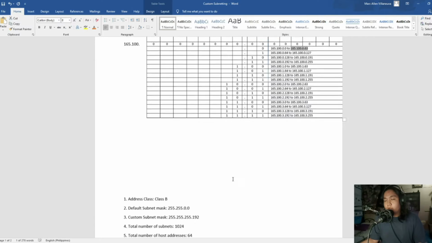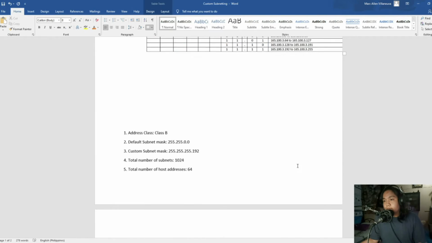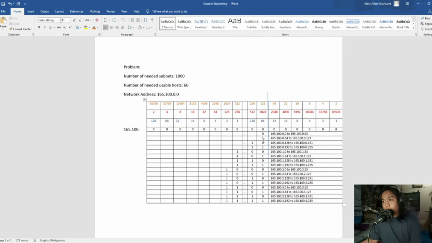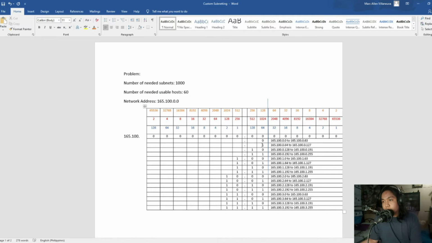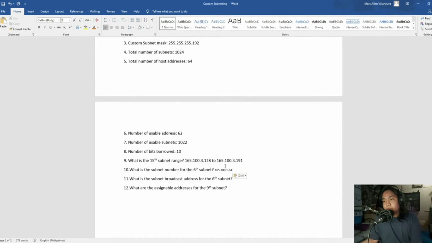Since in question number 10 they're only asking for the subnet, we're going to look for it. 1, 2, 3, 4, 5, 6. So our 6th subnet is here, 165.100.1.64.